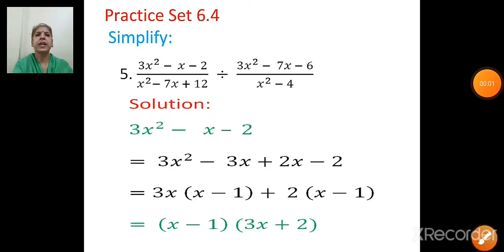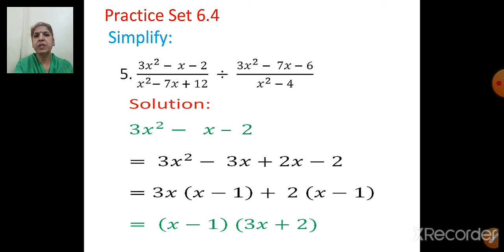Let's start with practice set 6.4. Simplify. Fifth question. Third and fourth we will do as assignment. Question is 3x square minus x minus 2 upon x square minus 7x plus 12 divided by 3x square minus 7x minus 6 upon x square minus 4.